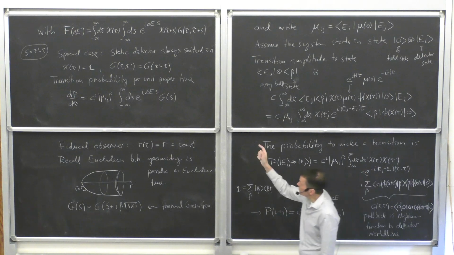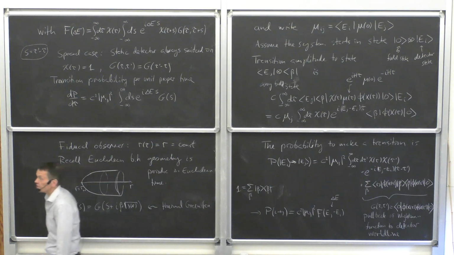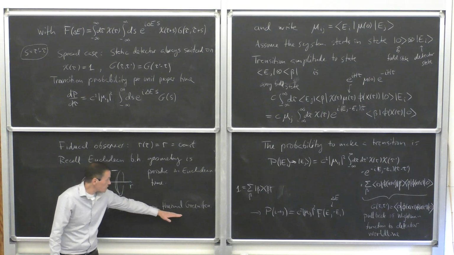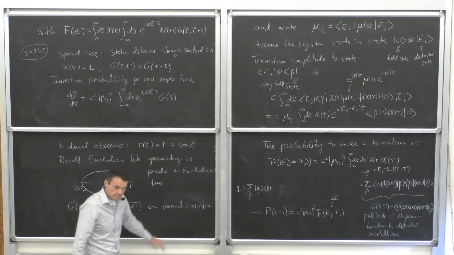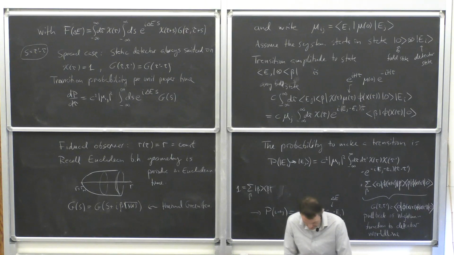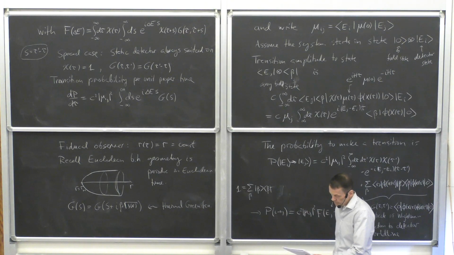Their uniform acceleration, as we saw at the beginning of the lecture this morning, corresponds to going in a circle whose radius is governed by the acceleration. And so that is also going to give us a periodicity in the Green function. And therefore, that observer is also going to see thermal radiation.